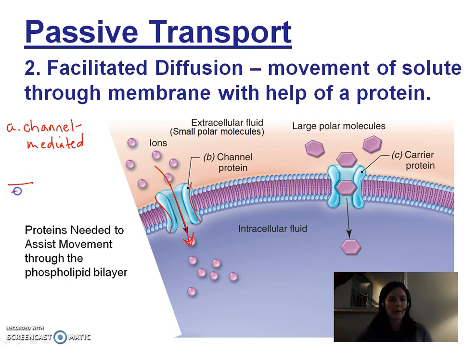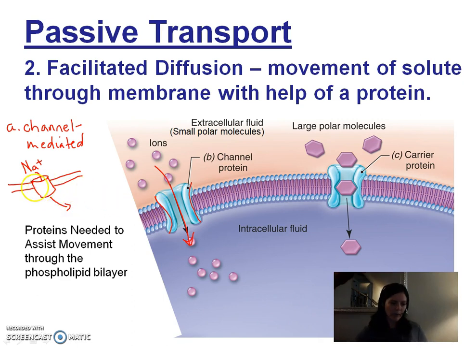I like to think about this almost like a trash can. Sometimes they have a lid, sometimes they don't in channel-mediated diffusion. But these molecules usually are small and charged, so they are polar, like a sodium ion for an example. It would go through this channel from one side to the other.